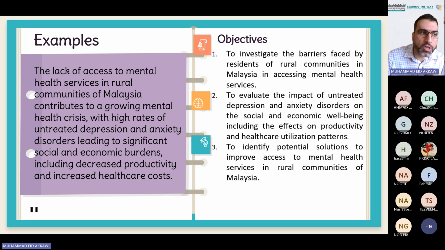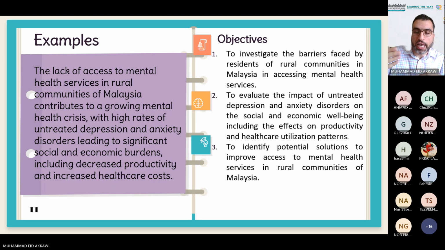You are not going, for example, to provide a movable mental health clinic that goes to rural areas. You are trying to find out solutions based on the opinions of the patients and also healthcare providers.